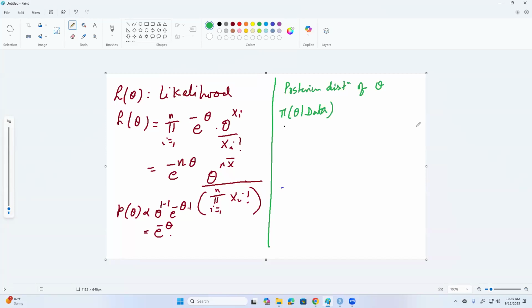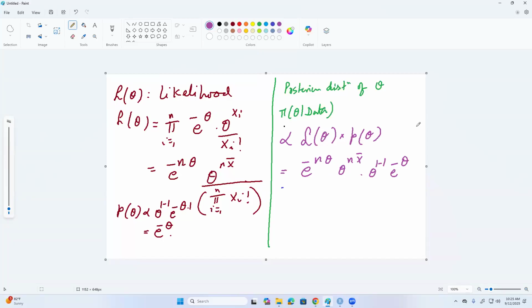If you prefer to use p, that is fine with me. So it is the likelihood times the prior: e to the power minus n theta, theta to the power n x bar, theta to the power 1 minus 1, e to the power minus theta.